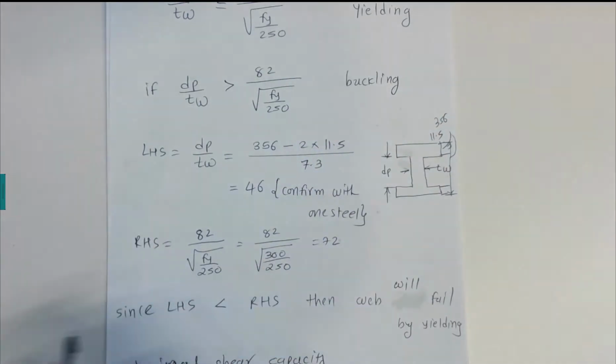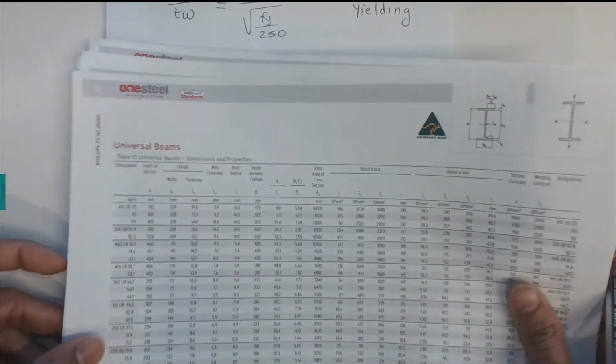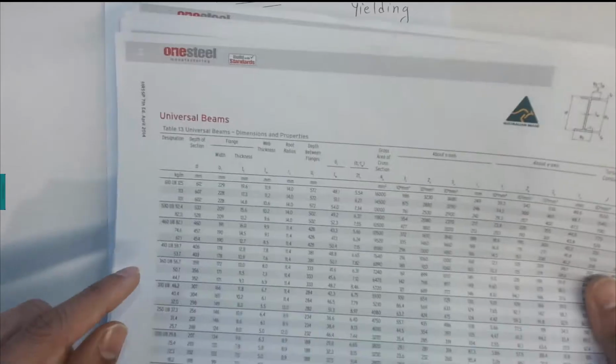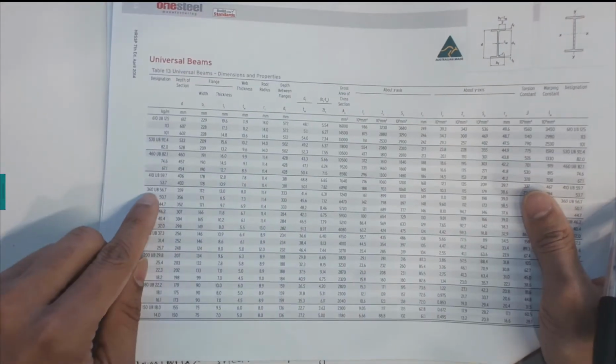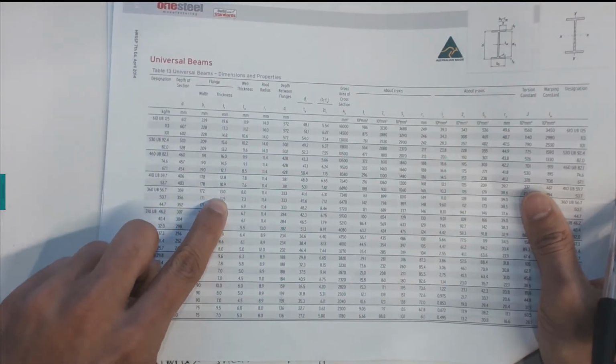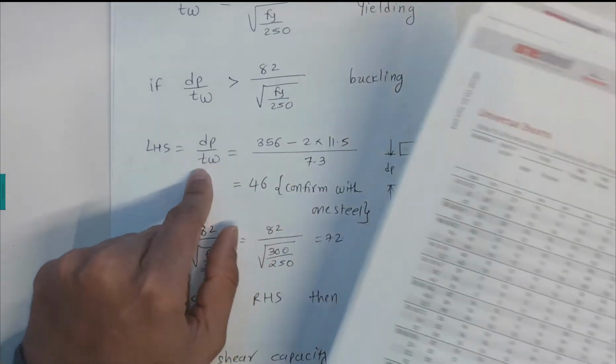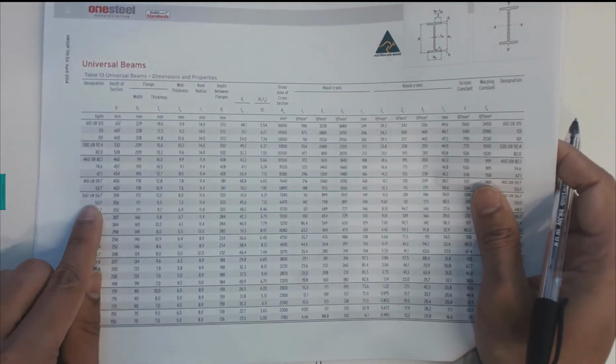That will give us dp. These values, which is 46, are also given in the OneSteel table, so you no need to calculate that one.